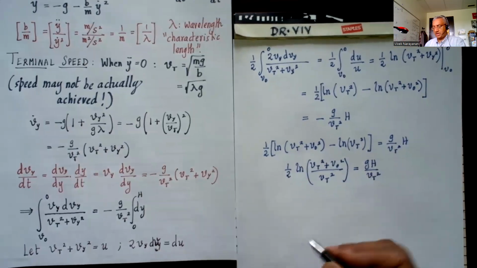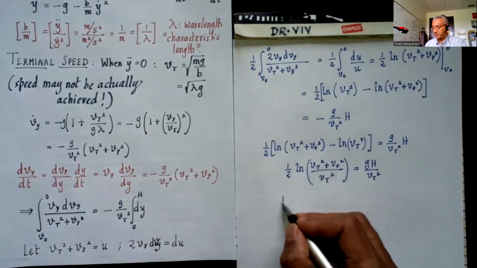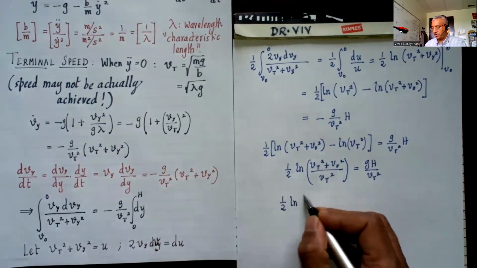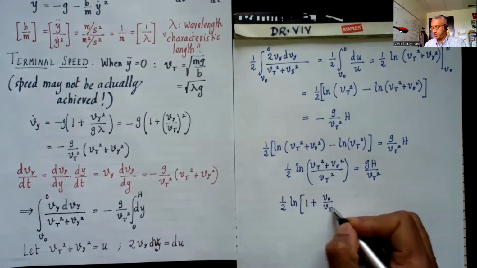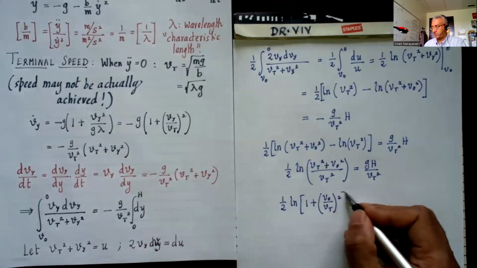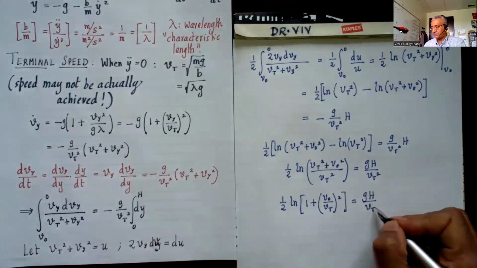One more step, I can divide both by Vt squared in the numerator, and I get 1/2 natural log of 1 plus (V naught over Vt) the whole thing squared, is equal to gh over Vt squared.